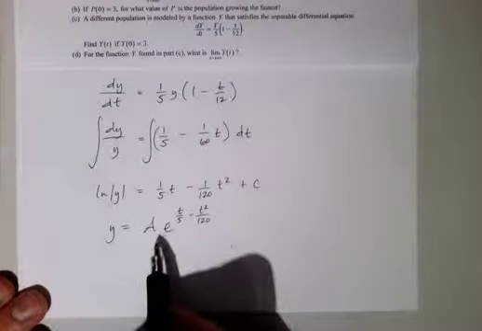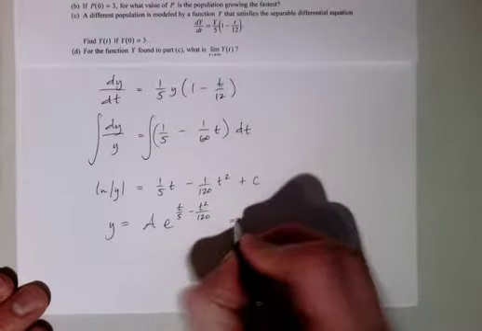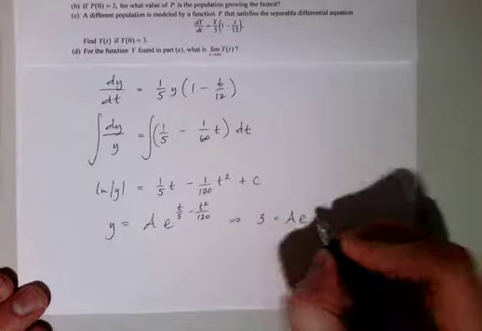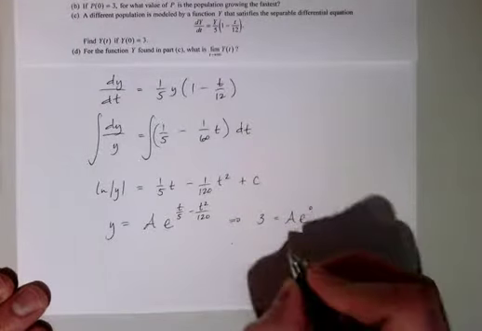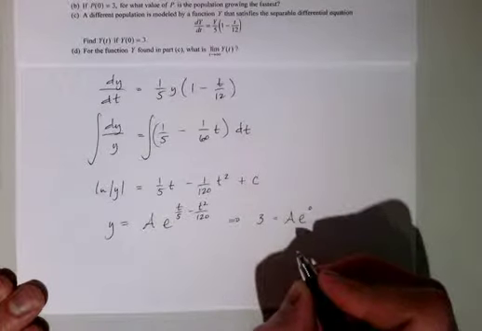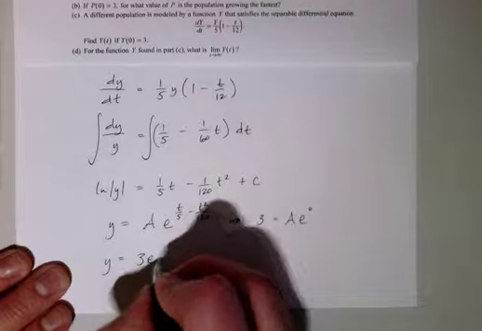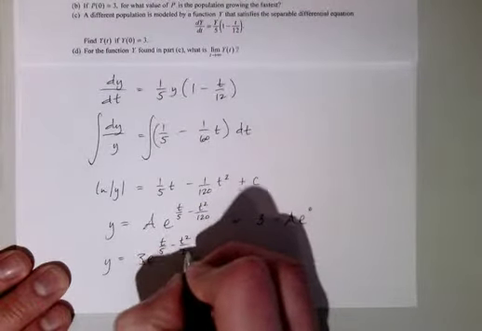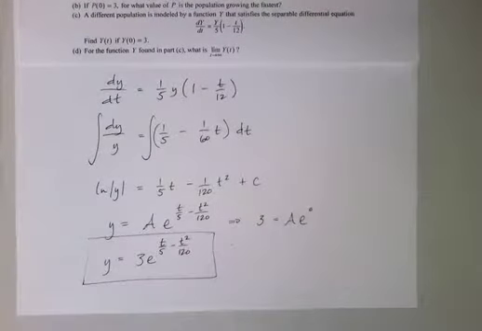All you have to do is just plug in the numbers and solve for a. So we know that the output is going to be 3, and we know that the input is going to be 0. So a is equal to 3. And so y is equal to 3 e to the t over 5 minus t squared over 120. That right there is the answer to part C.